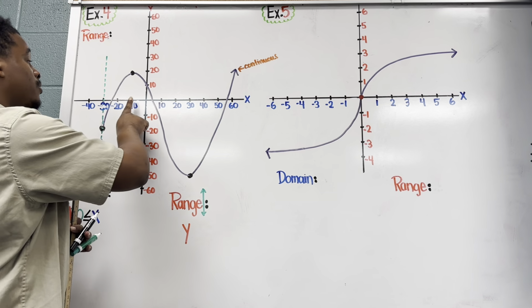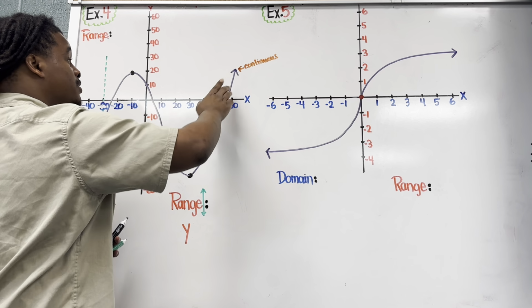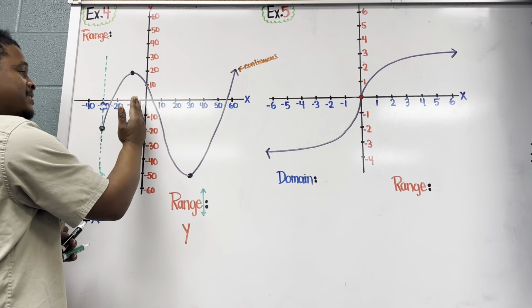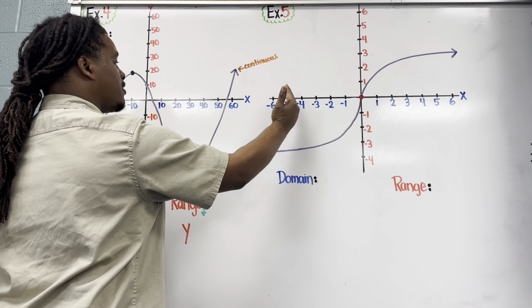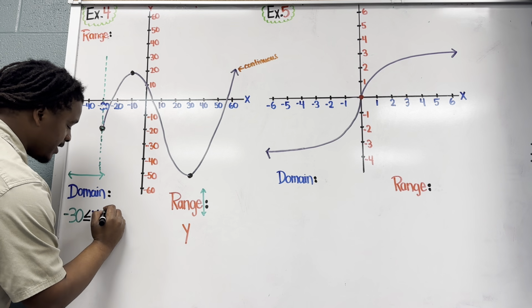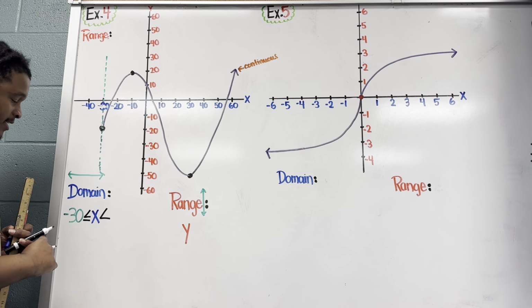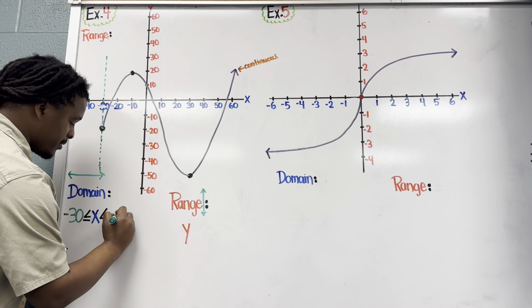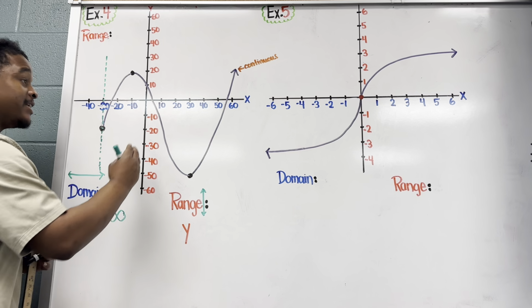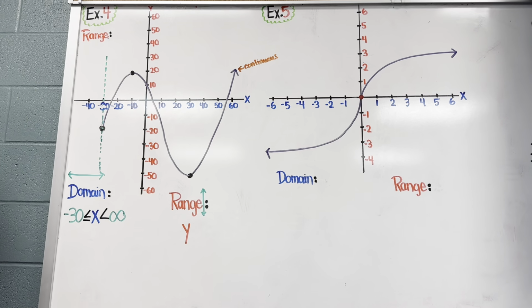Now, as we go along the x-axis, and remember I talked about this arrow, which means that it's continuous. That means that it's going to continue to expand going this way, right? So that means that x could be any value that's less than infinity, okay? Because this particular function can expand all the way to infinity when it comes to the x-axis. So this is our domain, guys.